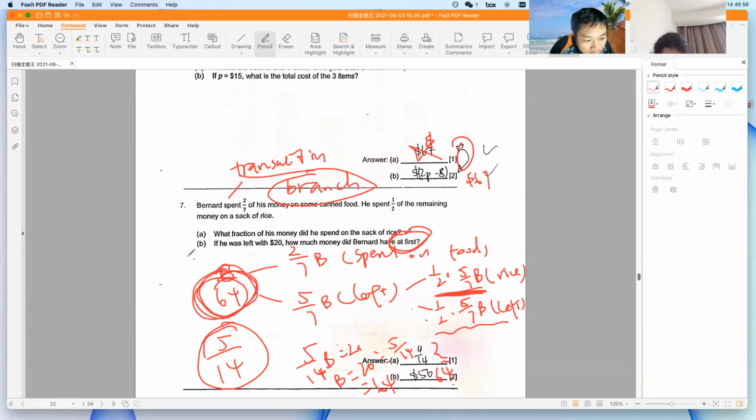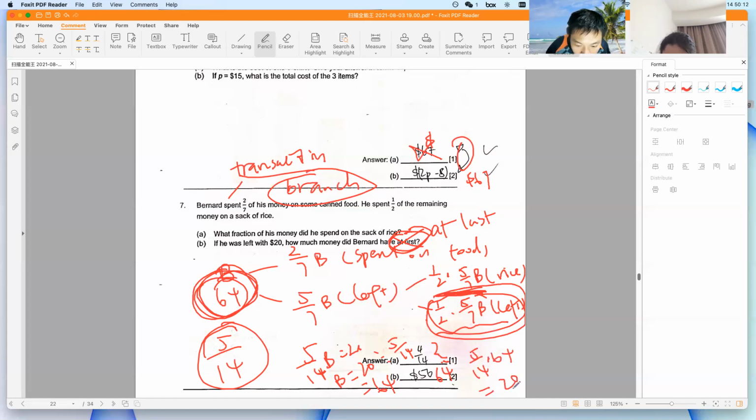If they ask at last, then you pick this and give it to them. So what is this? This is 5/14 times b, right? So b is 64. I just put it here. So left $20. Or what if they ask for spend on food? Then you just give it to them.